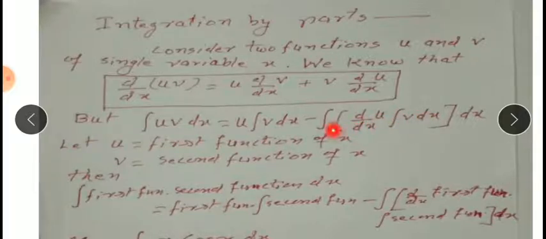You see in this formula, differentiation of first function and integration of second function should again be in integrable form, which means we have to select first function and second function carefully. As I have explained, u is the first function of x, v is the second function of x.